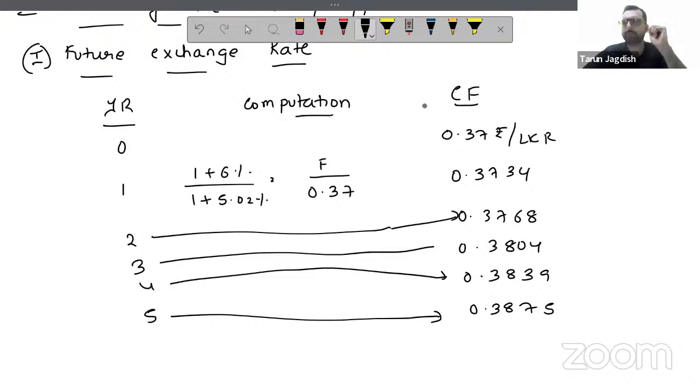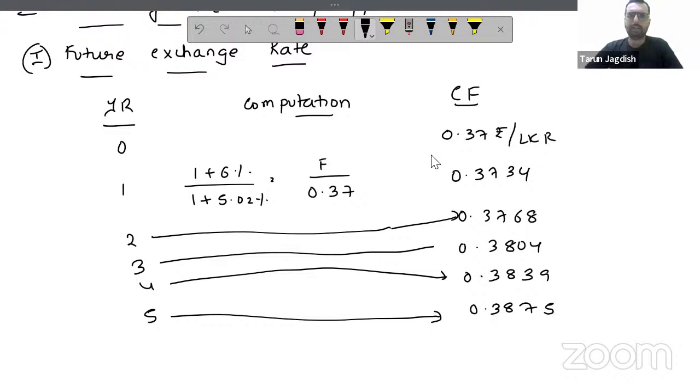Now press equal to. Did you get 0.3768? Press equal to again, you should get 0.3804. Press equal to again, you will get 0.3839. Same like discounting factor calculation.